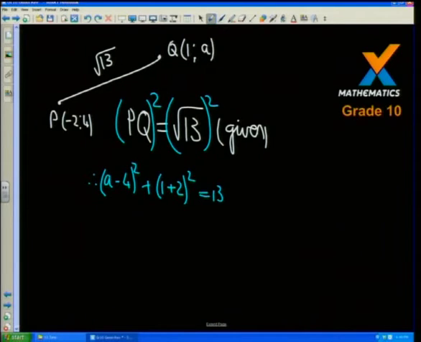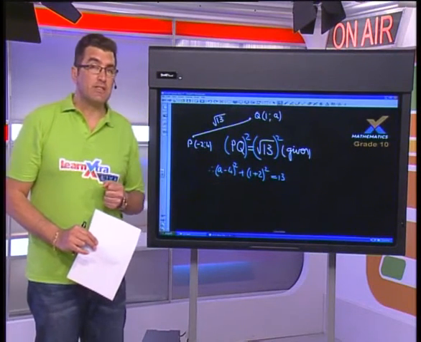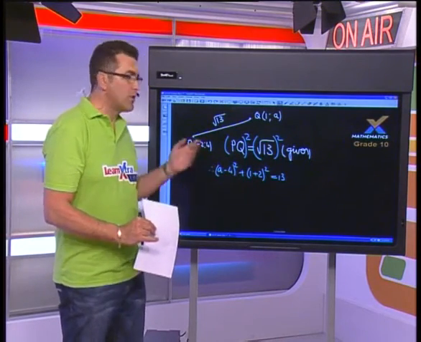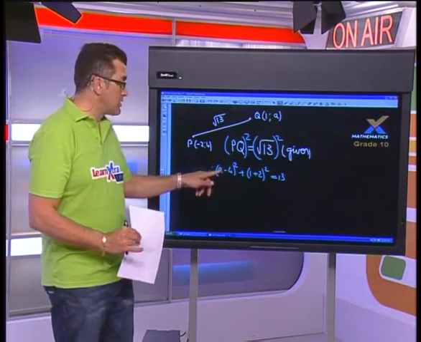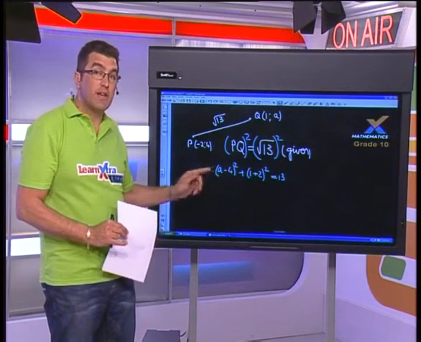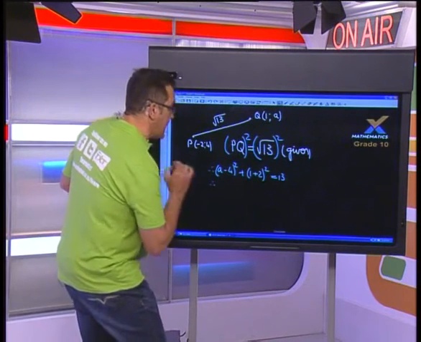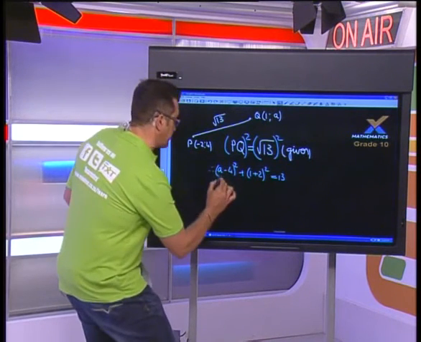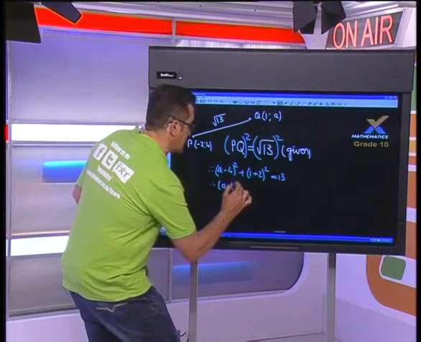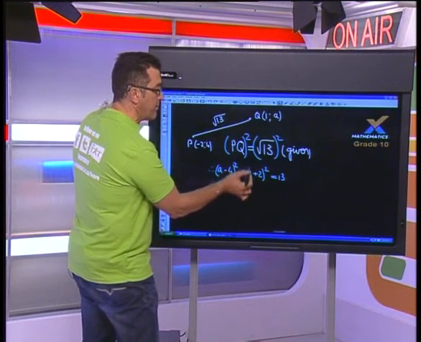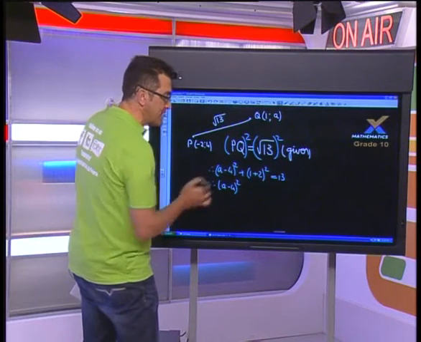Now, folks, always at this point, get the variable to one side and get the numbers to the other side. This is a very easy equation to solve. You do not need to go and square that bracket. Look at what I mean. If I have a minus 4 on the one side, which is what I've got here, on the other side, here I have a plus 9. Why is it plus 9?